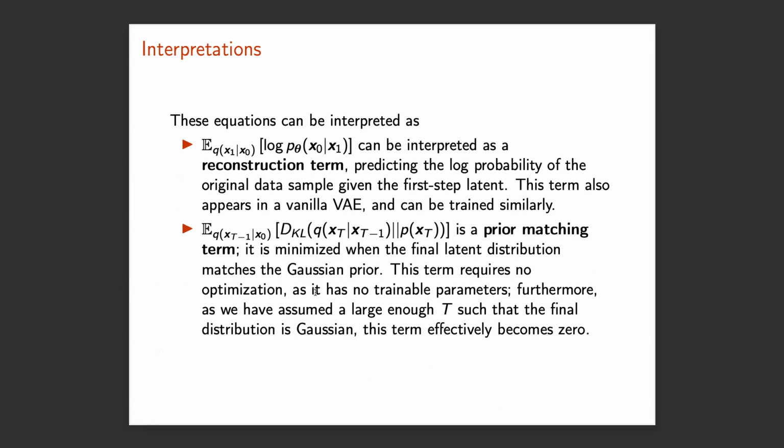This term often, though not always, requires no optimization. It has no trainable parameters. As long as we have assumed a large enough T, the final distribution is a Gaussian. So you will have two Gaussians divided by each other, which at most is going to give you a constant. So that second term in the calculation, when you do this in many, many steps T, is a term which often goes to 0.